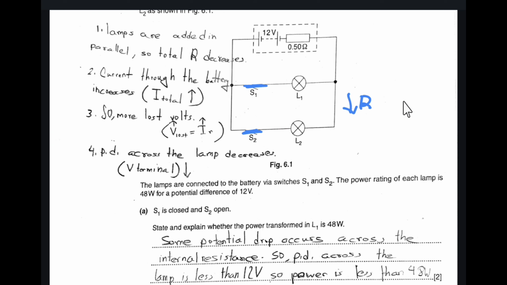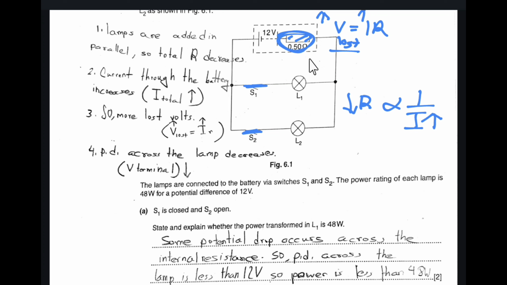As the resistance decreases and resistance is inversely proportional to current, the current increases, and as current increases, the current through the internal resistance increases, therefore lost volt increases, as lost volt is equal to Ir. So due to increase in current the lost volt increases, and therefore the voltage across this resistor decreases, and as V is directly proportional to current, the current also decreases due to decrease in voltage.